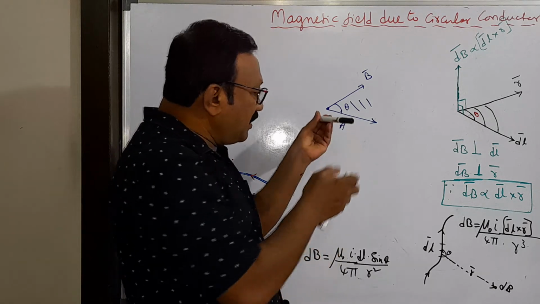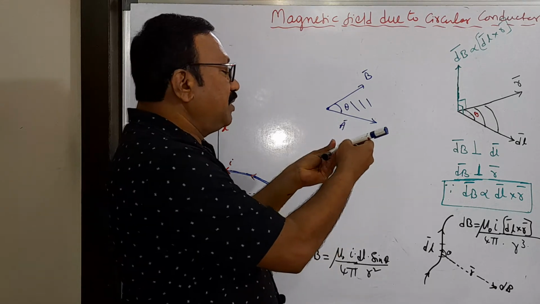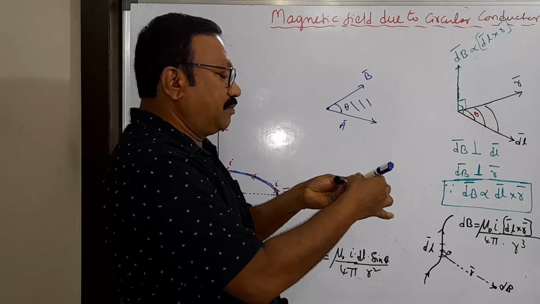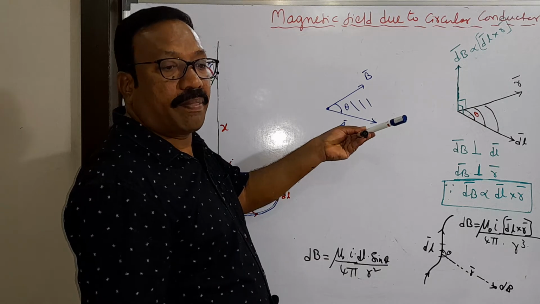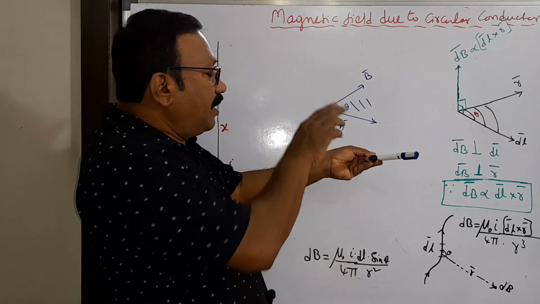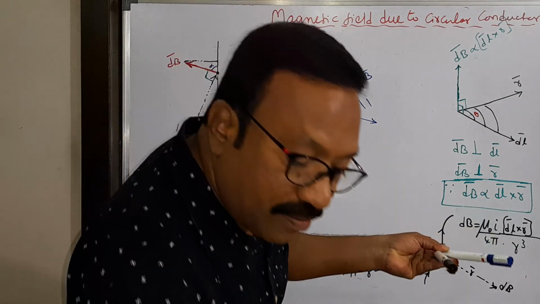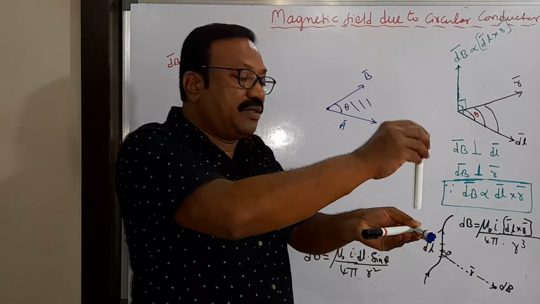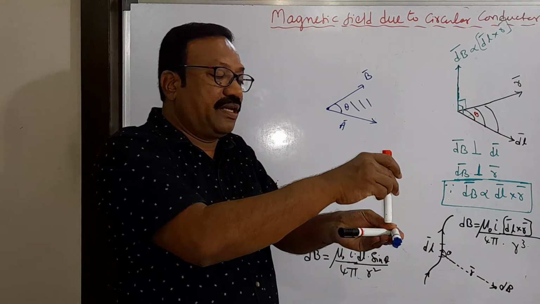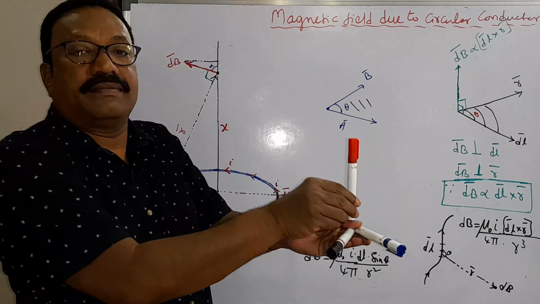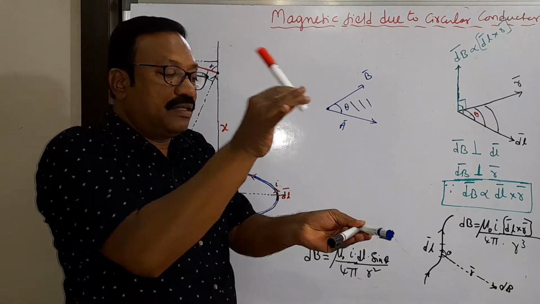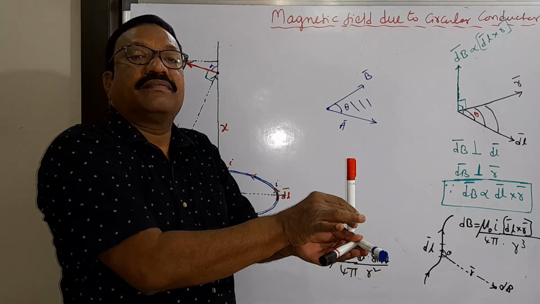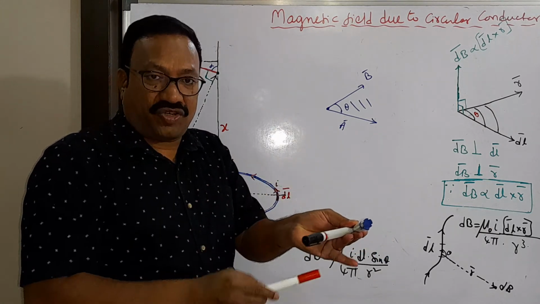For example, this is A bar, this is B bar. Then A bar cross B bar will be perpendicular to this plane containing A bar and B bar. This will be A cross B. How will I decide this direction?